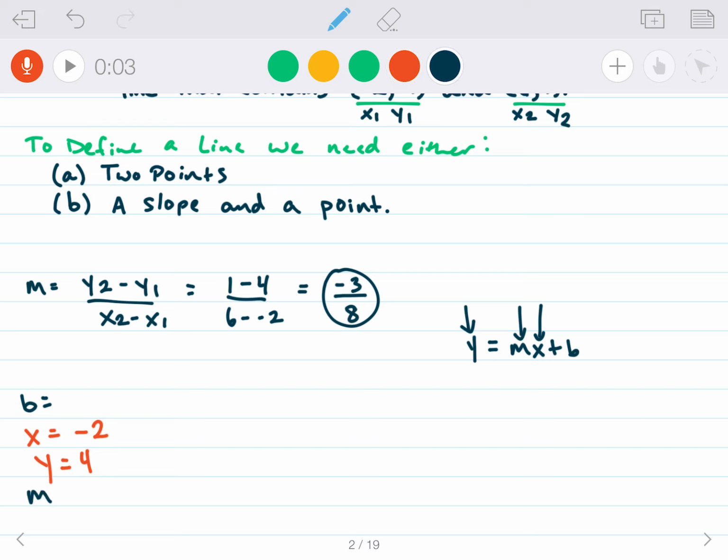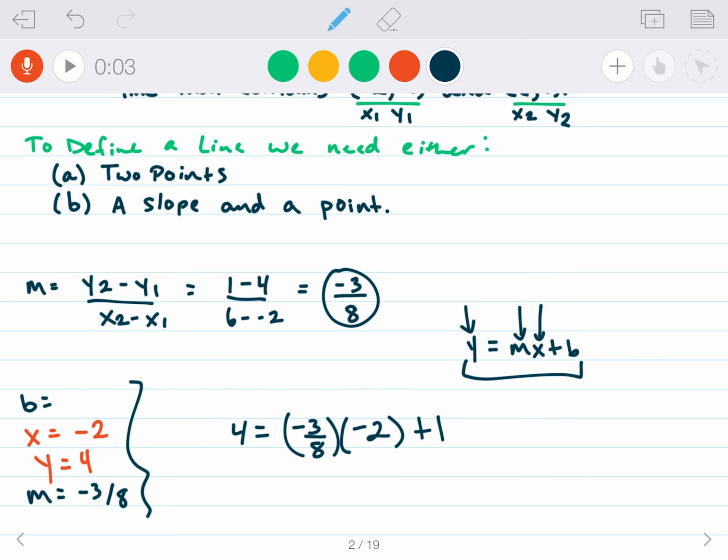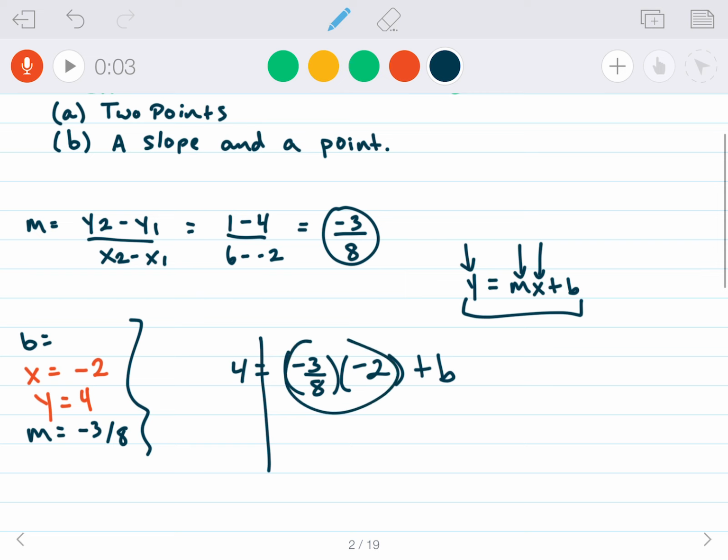Alright, so we know that. We just figured out what our slope was. It's -3 over 8. So let's put all of this information into this form right here and solve for b. So y is 4. We get y equals m times x plus b. Simplifying this, we have -3 over 8 times -2 over 1.